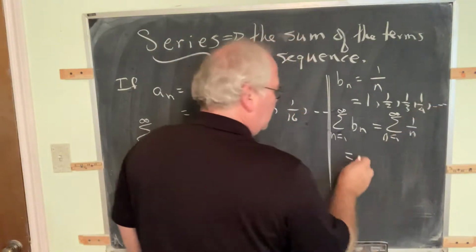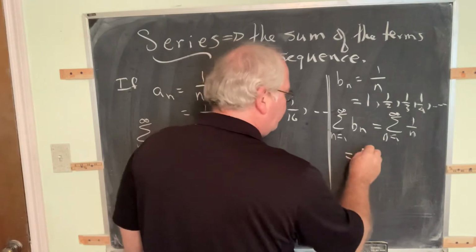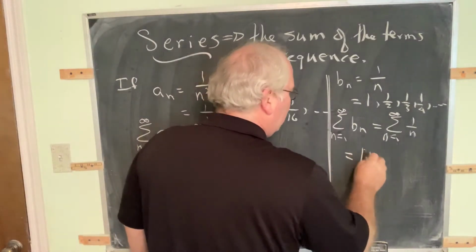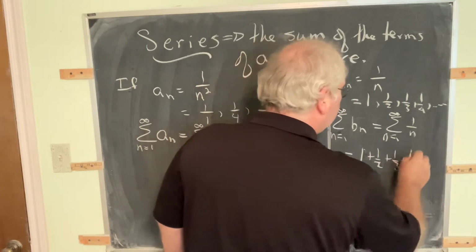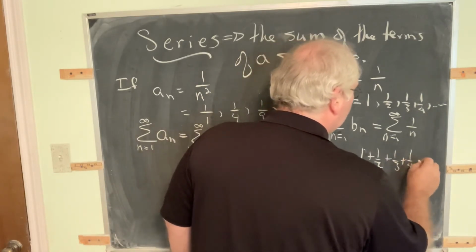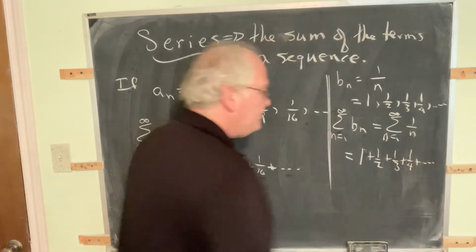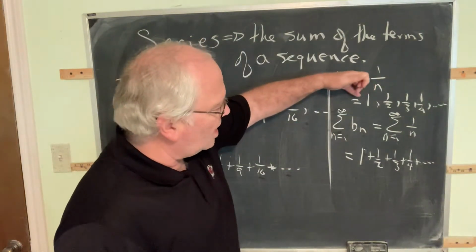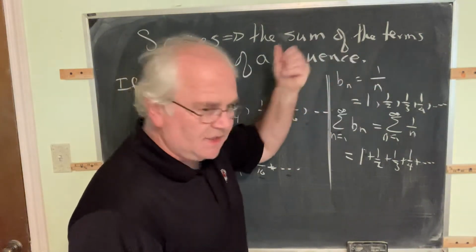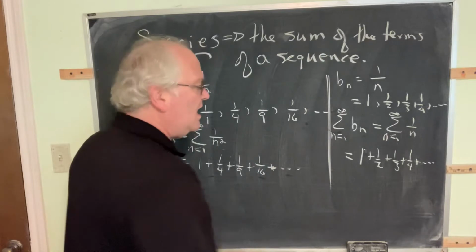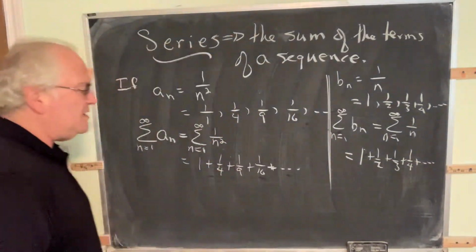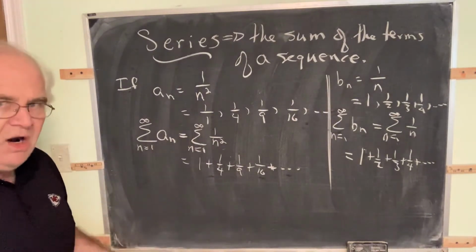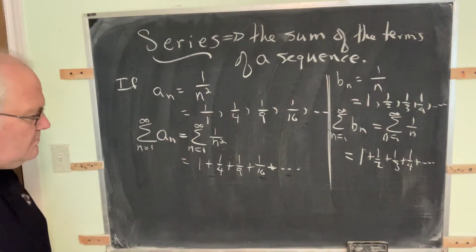And so the sum is 1 plus 1/2 plus 1/3 plus 1/4 plus, and so on. I had an instructor who said all you do is you replace the commas with pluses. And so that's a way to think of it. That's the sum of that sequence. So the series is the sum of the terms of a sequence. And at its heart, that's all that's going on.